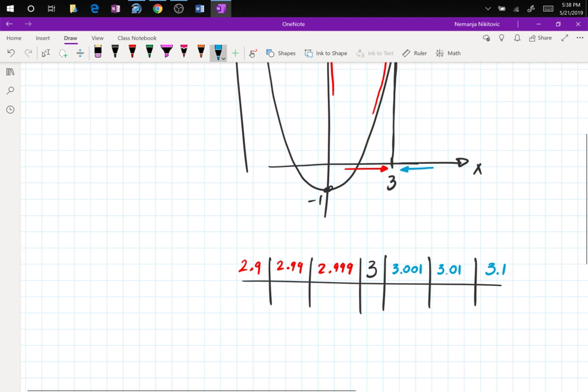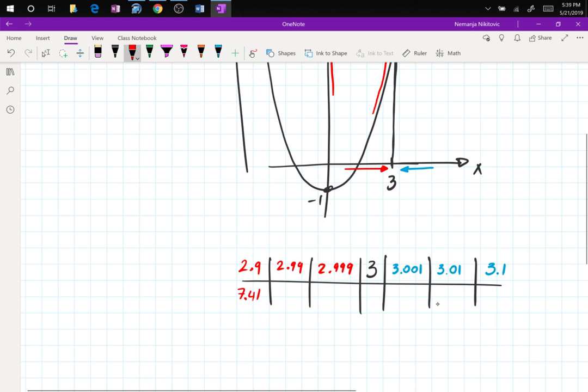So we are going to use x squared minus 1, and I'm just going to plug all of that into my calculator here. So do we all have 7.41 for the first? Which one? For 2.9.